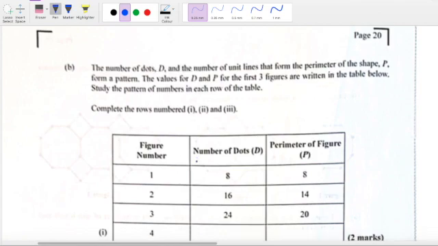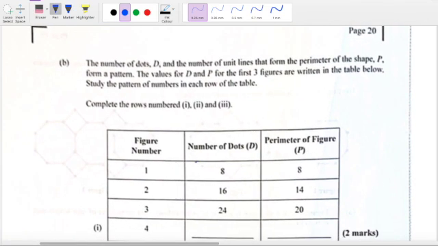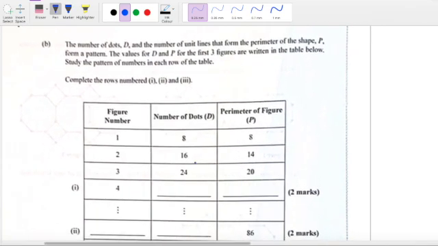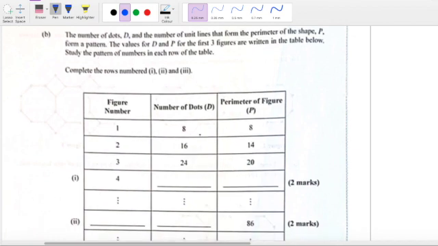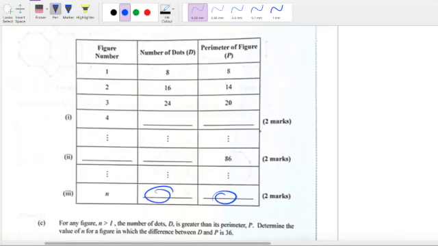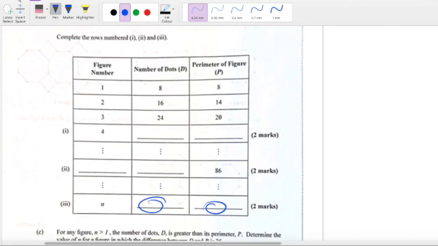So we have a sequence question here. The number of dots and the number of unit lines that form the perimeters form a pattern. Study the pattern of numbers in each row of the table. So yeah, like all the other questions, they just want us to fill it out.